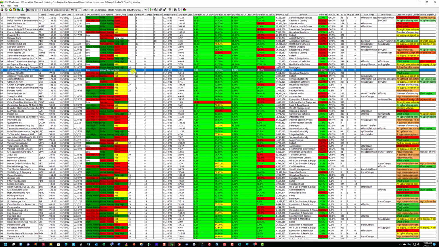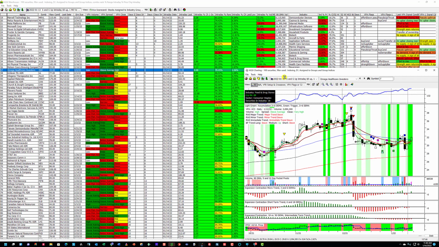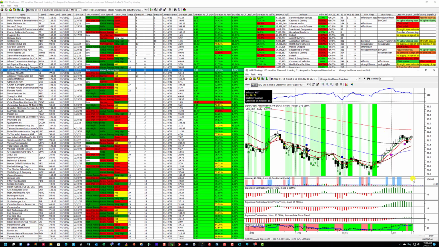Omega Healthcare Investors. So what does this say? Short-term LLUR, and it pulled back and had a crossover on the VPOC yesterday. It's up a little bit today. If you look down here at the VPOC, there's your pullback, and now it's starting to move again.